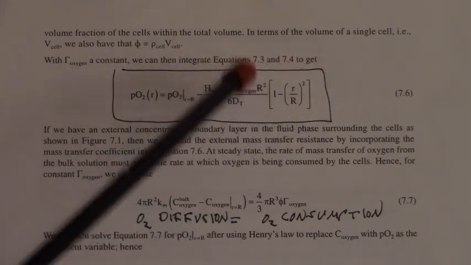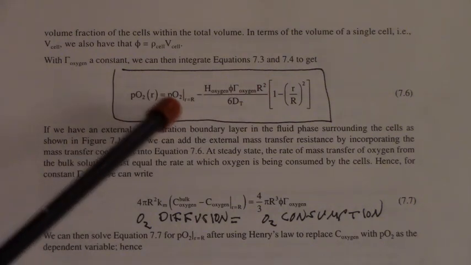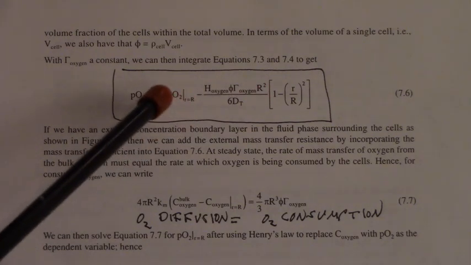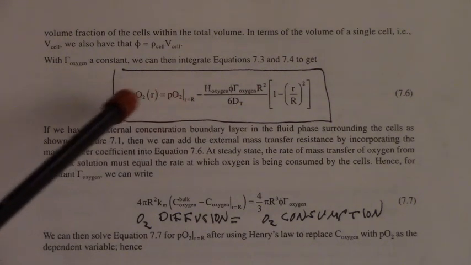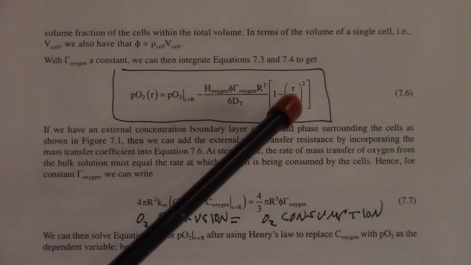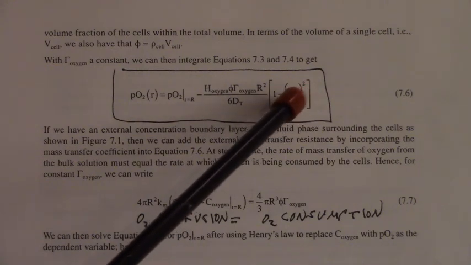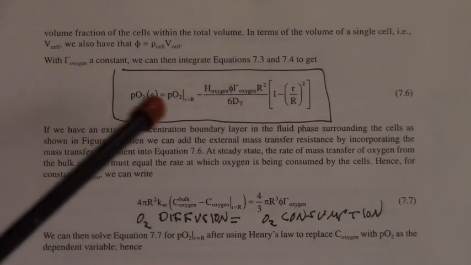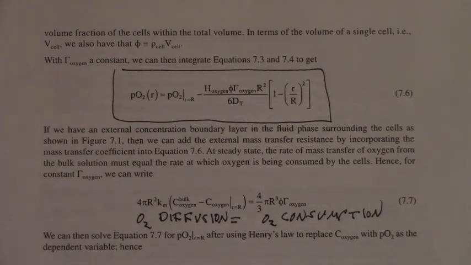You would know all of these, and if you knew what the concentration of oxygen happened to be at the cell surface, then this equation would predict what the oxygen level is within the spherical volume of cells. And of particular interest to you would be what's the value at the center of that volume of cells. You know, the question being, do you run out of oxygen before you reach the center of the cells?